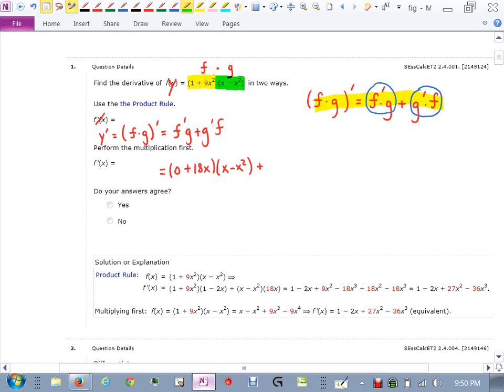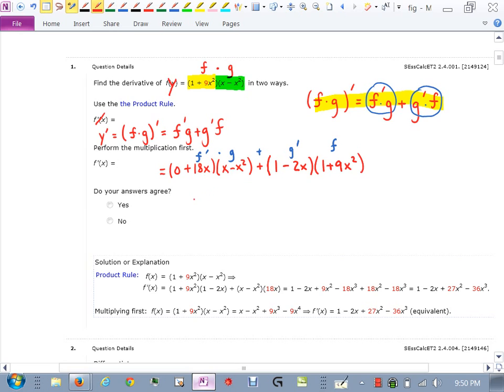So I need the derivative of this g up here. The derivative of x is 1, minus the derivative of x squared is 2x. And now I just need to write f next to that. So f was 1 plus 9x squared. So to reiterate, this is f prime, this is g, so times g, plus this is g prime, and this is f. And now all I have to do is simplify this.